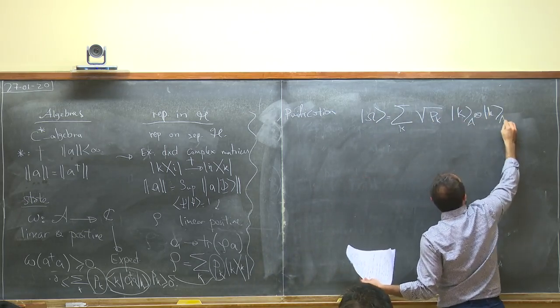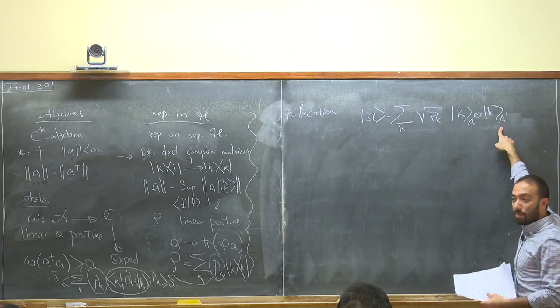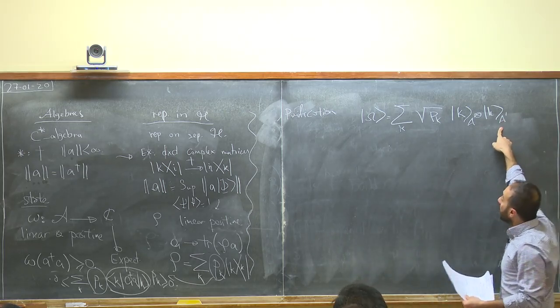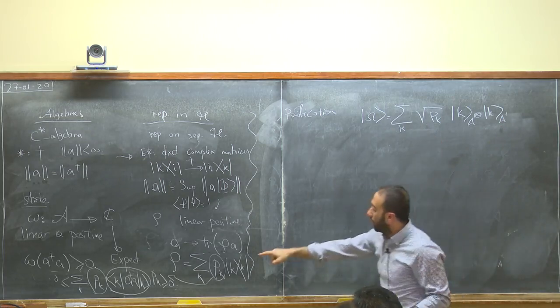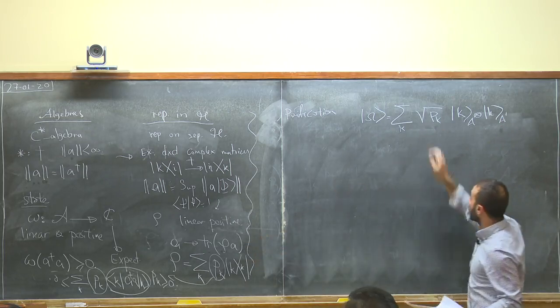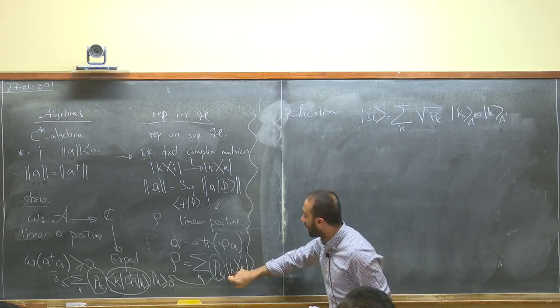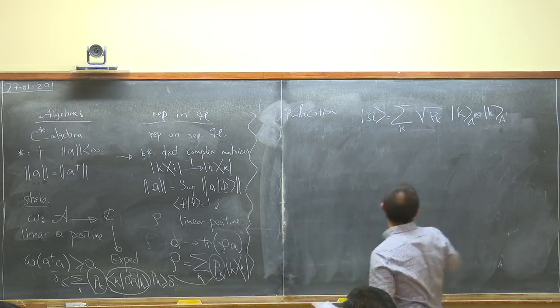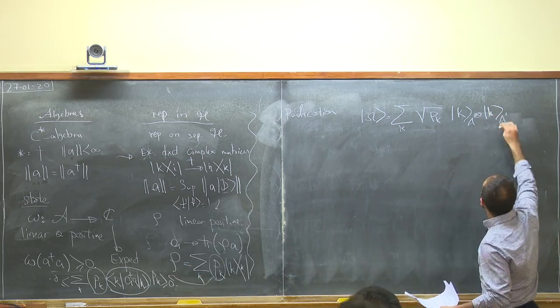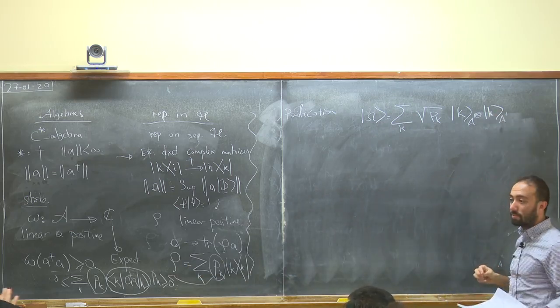You introduce an identical second copy auxiliary system, and you purify rho. You have to take a square root of pk. Now, if you take this state and reduce it to the algebra of A, you're going to get rho. And the density matrix on A prime is also rho in this case.